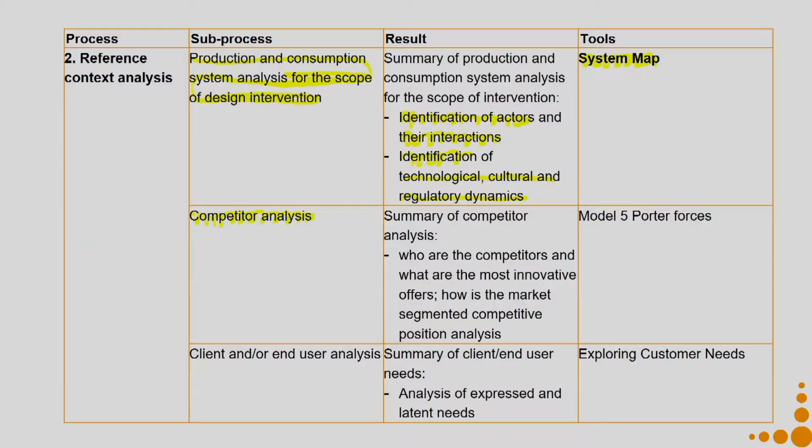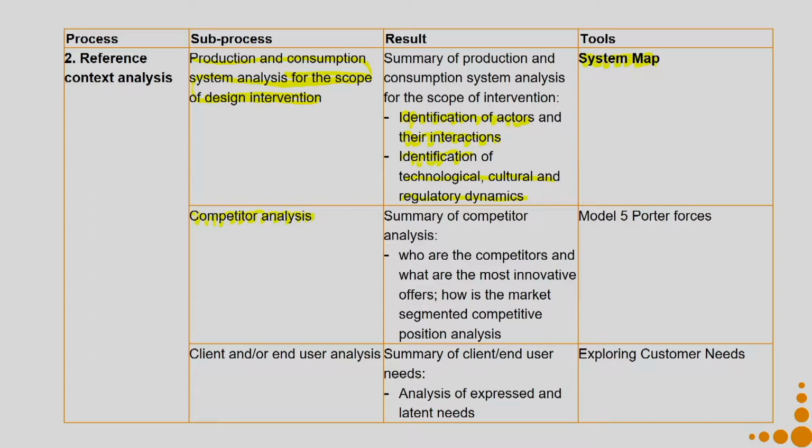Maybe all other water purifier manufacturers. Say there is a particular setting in which people are more used to buying bottled drinking water. So they can also be my competitors in the light of the scope of design intervention. Hence competitor analysis is done once I have identified my scope of design intervention.